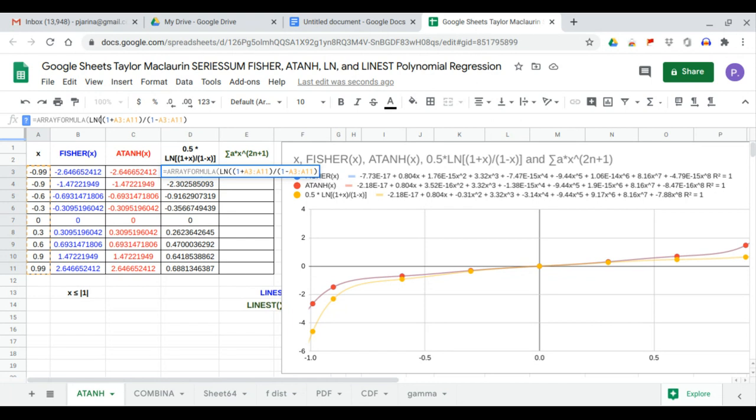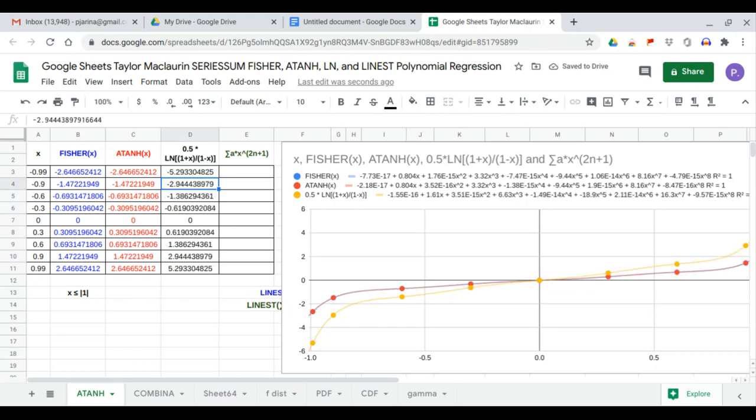We just add another. Now that we have the portion, we can factor in the 0.5. So it's 0.5 times ln.